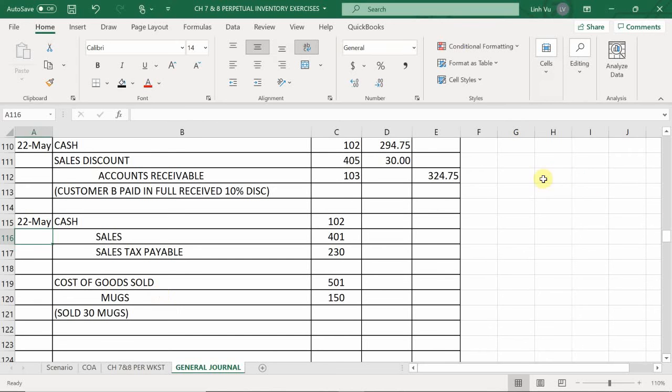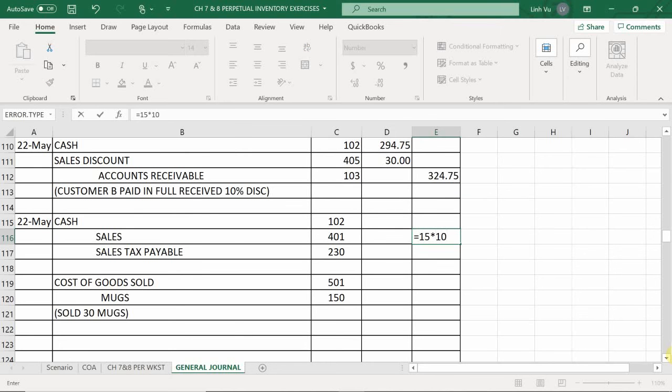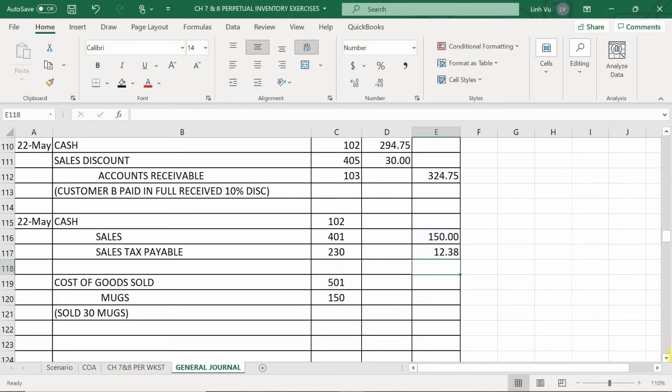So in this case, we sold 15 mugs at $10 each, right? So how much was my total sales? 150. How much tax did I charge? $12.38. Good. Giving me a grand total of cash shipping 162.38.